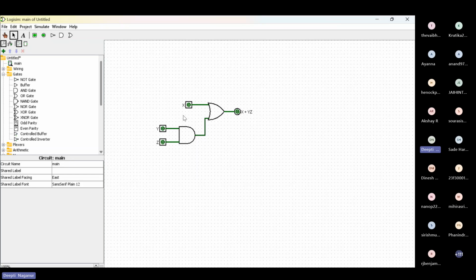Now this represents the LHS of what we saw in the Canva slides. Now the RHS was X plus Y into X plus Z.